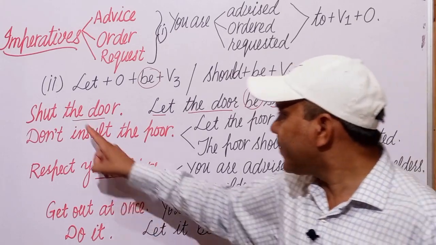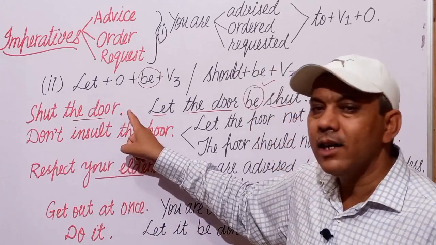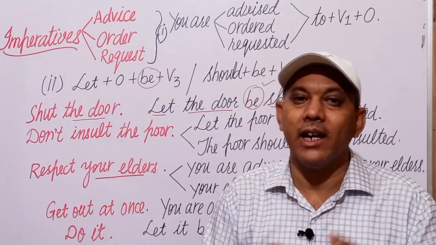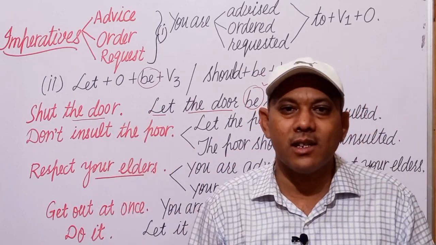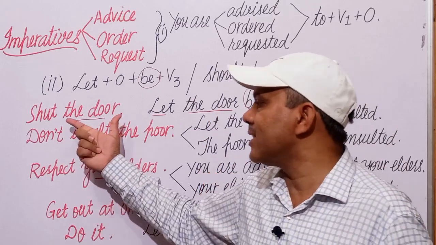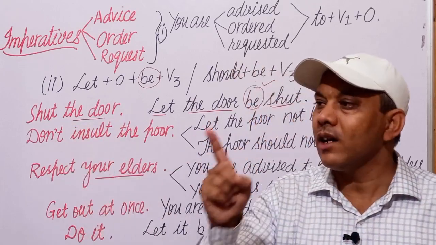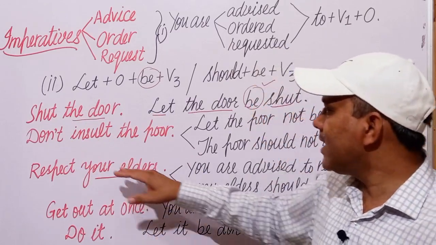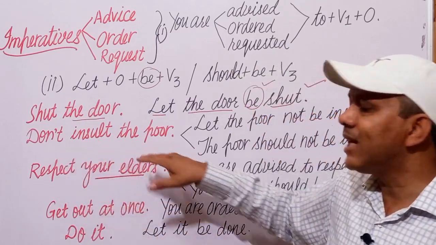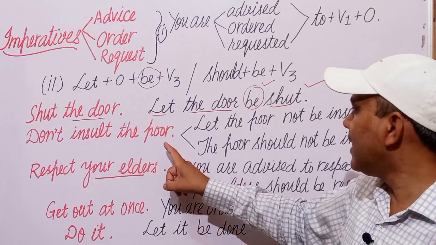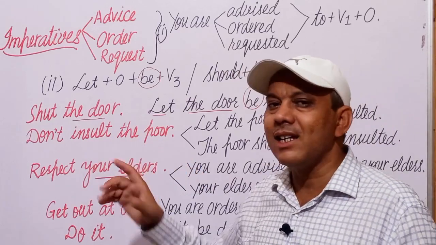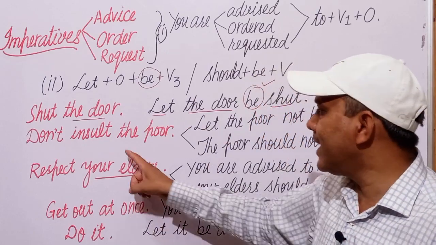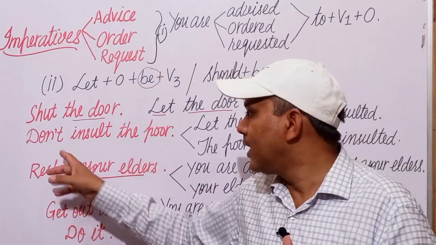But if there is a word please, shut the door please, it means there is a request. We can change this sentence like this: you are requested to shut the door. Next is don't insult the poor. Here, one person is saying to someone else, don't insult the poor.